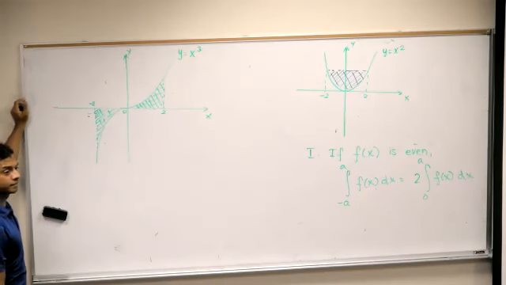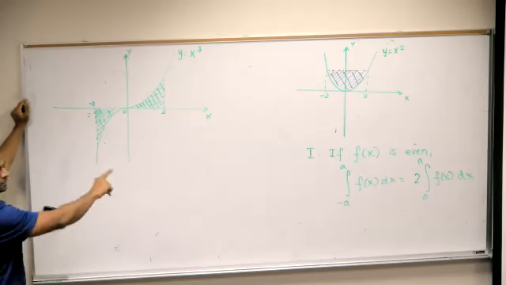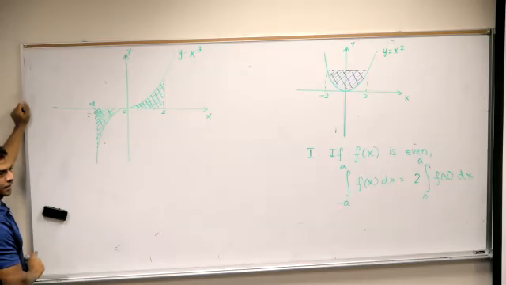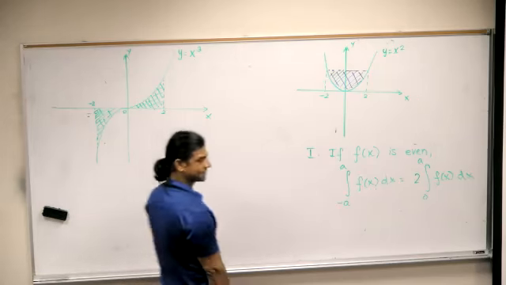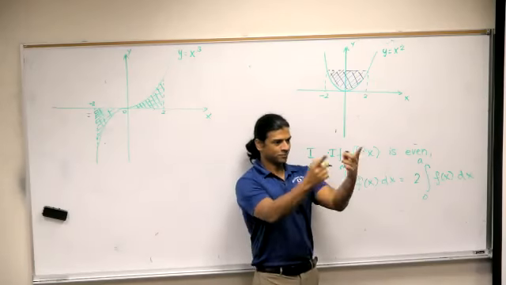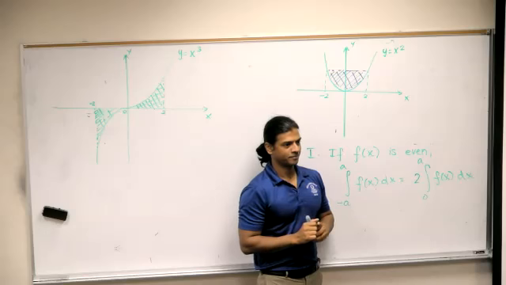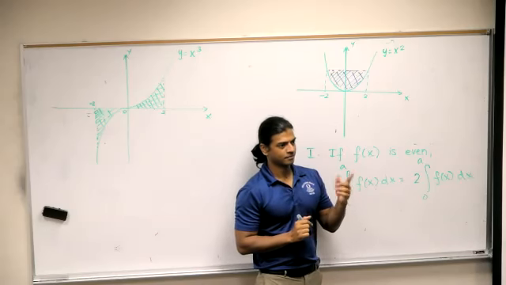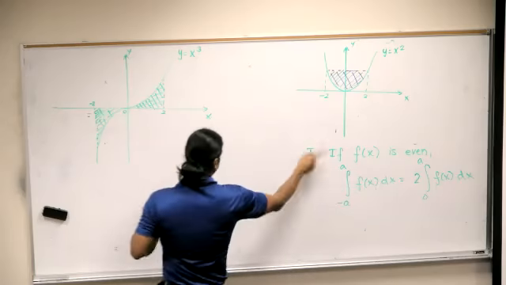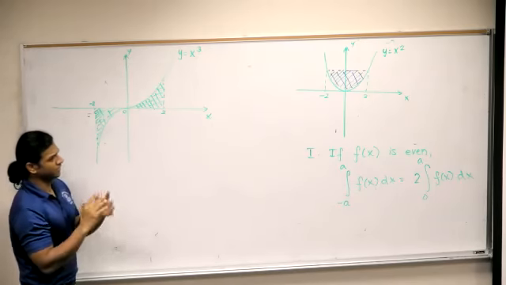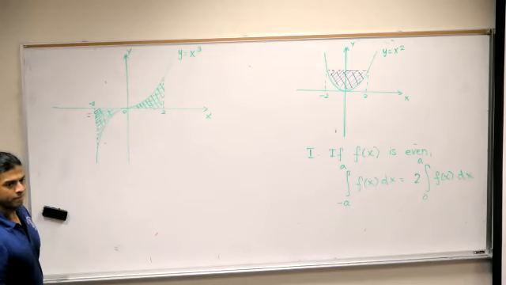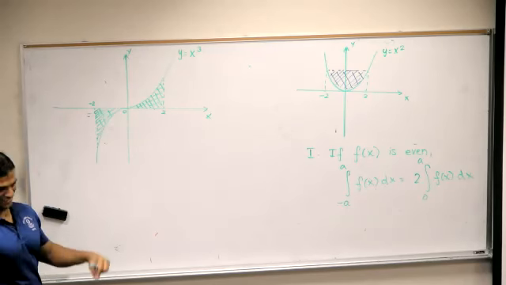It would be the exact same area. How many of you think it'll be exactly the same? No. Why no? Because one is even and one is odd. It's a different function.